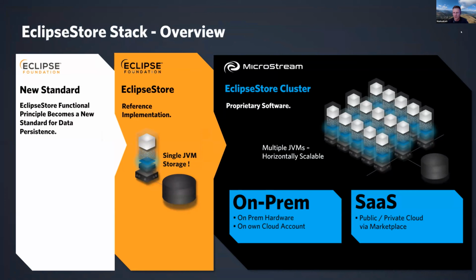It's a single JVM storage. On top of that, we provide a cluster solution for building distributed EclipseStore applications. And with MicroStream, we provide the cluster solution on premise or as a managed cloud service.